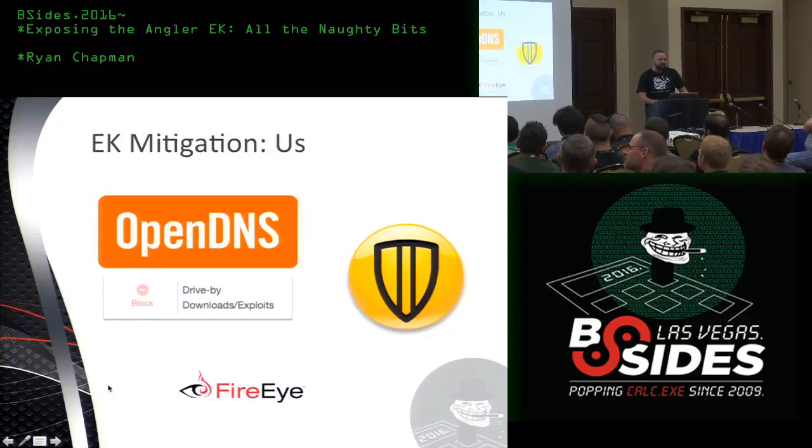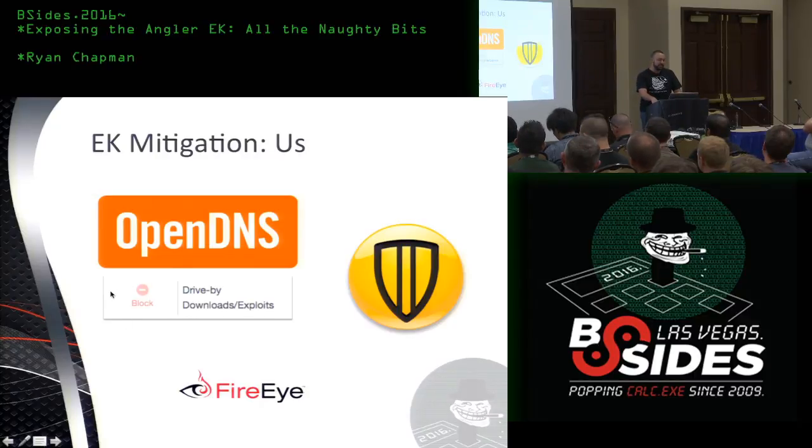Okay, before we get too far into this, I want to talk about mitigation, and this is part of the conversation piece here. We have a couple of different tools at Bechtel that help us immensely with exploit kits. This is a little plug for OpenDNS, and funny enough, I feel like such a weirdo being a security guy saying Symantec Endpoint Protection has an IDS built in, and that little bastard catches a lot of drive-bys.